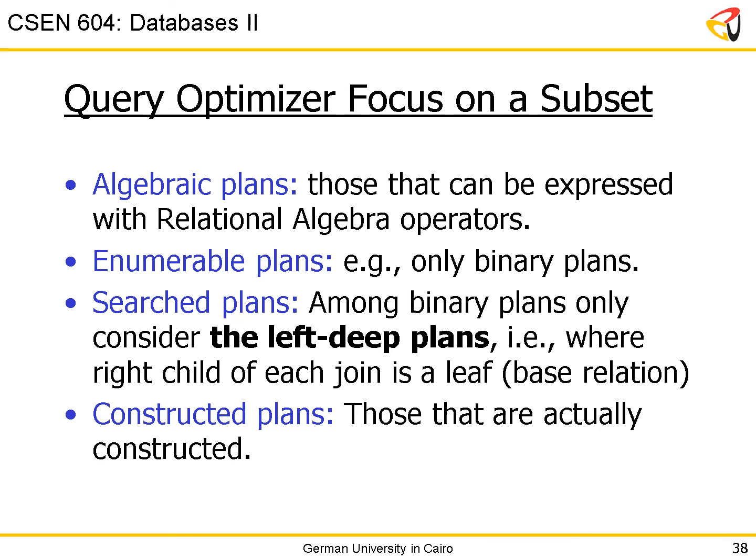So we are talking about relational algebra trees that are binary, and we will call those enumerable plans, plans that we can think of enumerating. I'm not going to try to keep a parse tree as is and work with it, but actually I will try to always work with relational algebra trees that are binary.